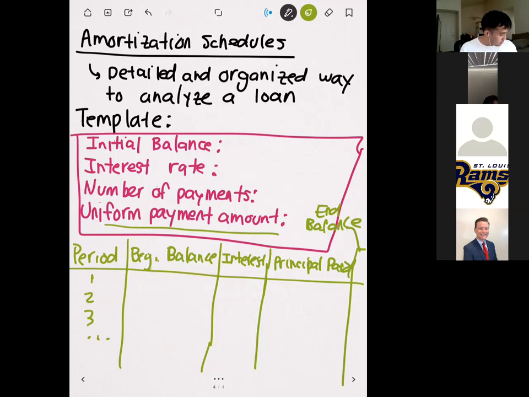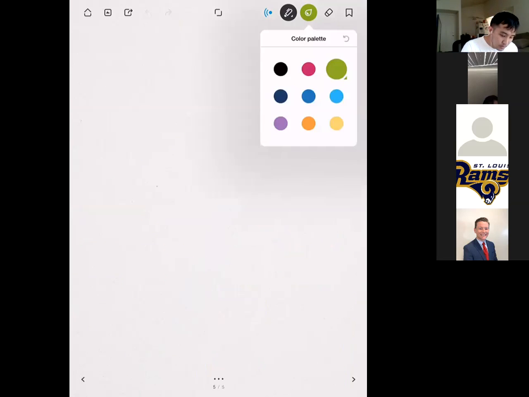Okay, so let's put some more precise definitions. This is just a template, what you're going to be filling in, but let's go over what you actually fill into these right now. Let's start with initial balance.